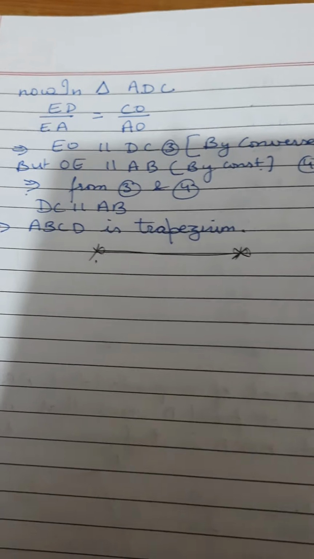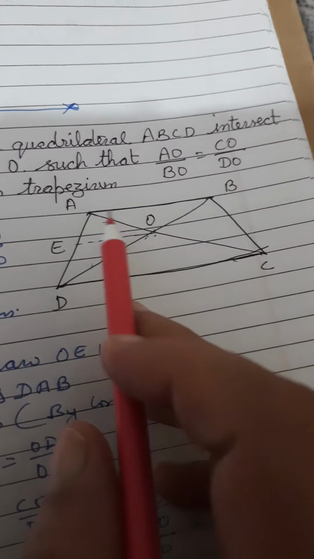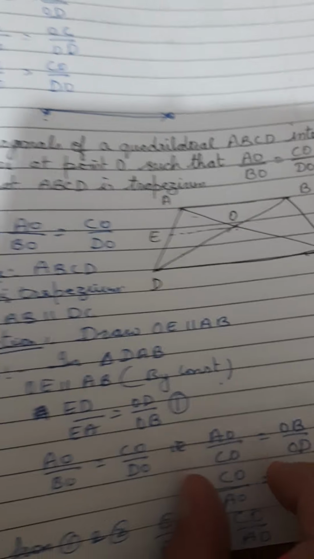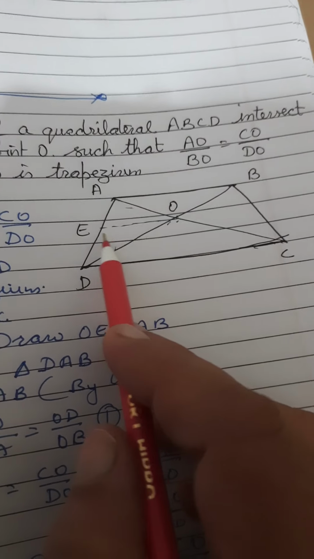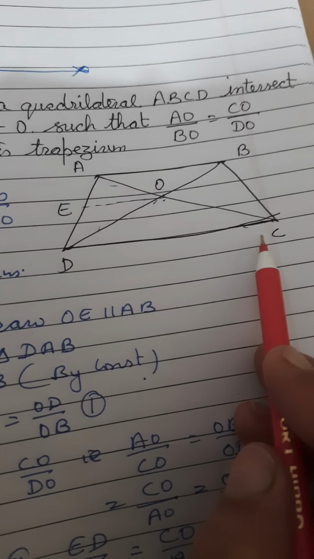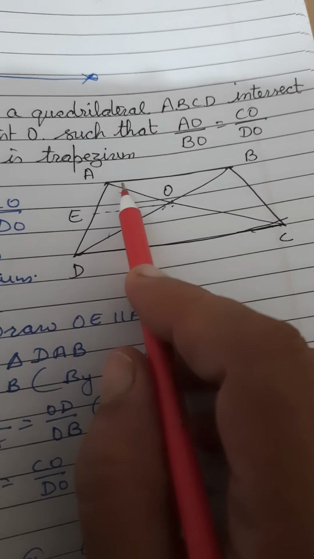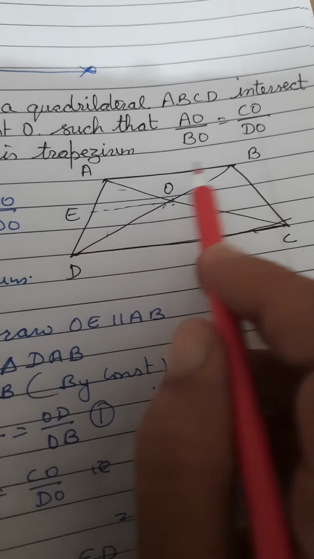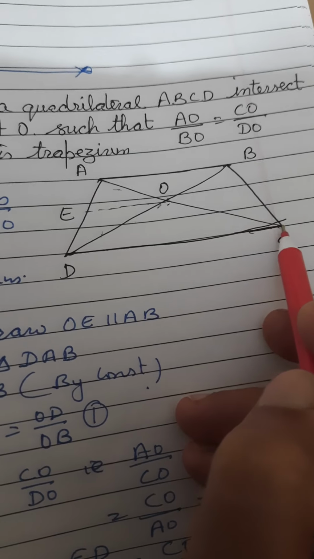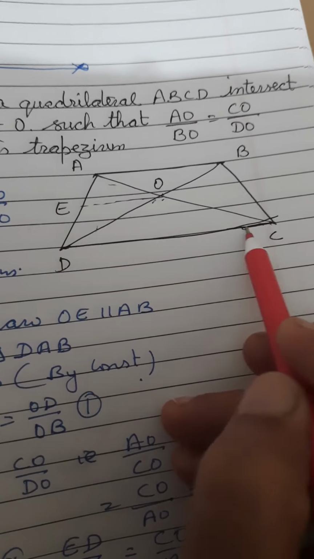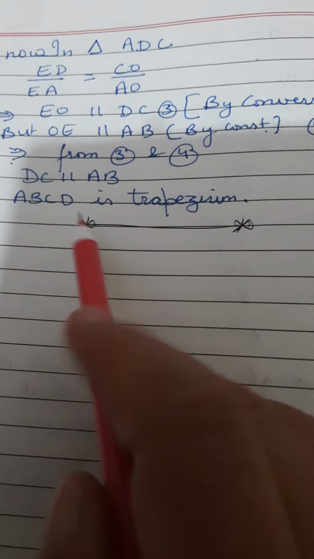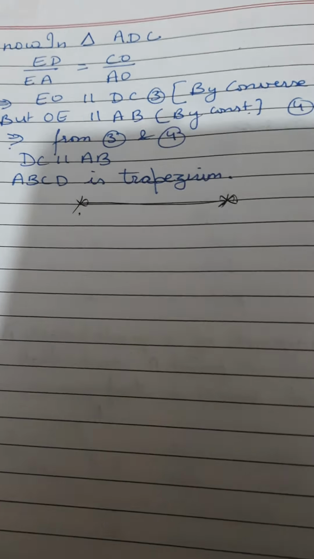Now in triangle ADC, AE by ED is equal to AO by CO. Therefore, EO is parallel to DC by converse of BPT. First, we had taken EO parallel to AB by construction. Now we have proved EO is parallel to DC. Therefore, AB is parallel to DC. Therefore, ABCD is a trapezium.